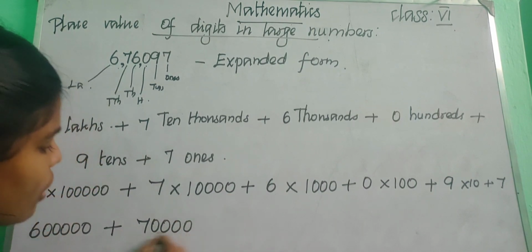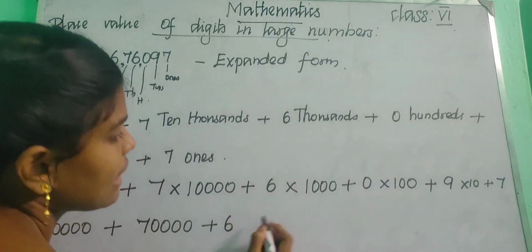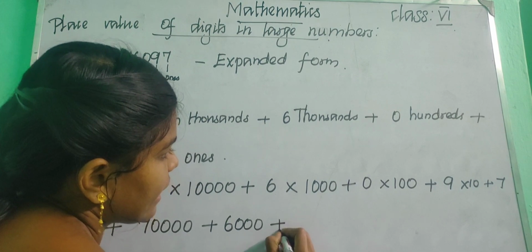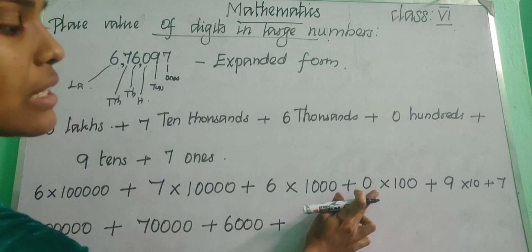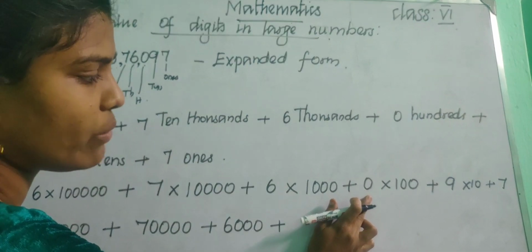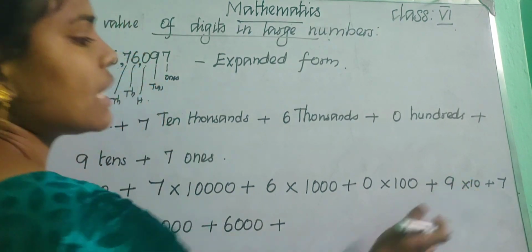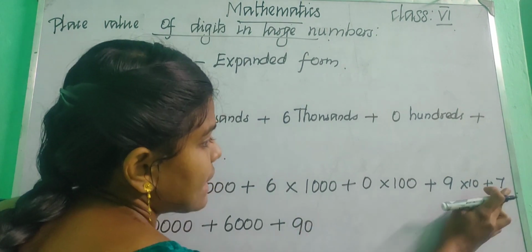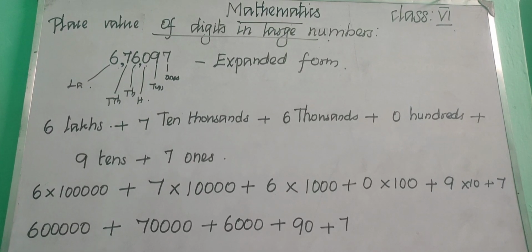Okay children, and after that put plus, and then put the 6 here, and how many zeros? 1,000, so 3 zeros. And again put plus, we are having 0 here. So we can leave the 0, 0 doesn't have any value, right? So we are just leaving the 0 now. Now 9 into 10, 90. And then at the last we are having 7. So this is the expanded form of the numeral.